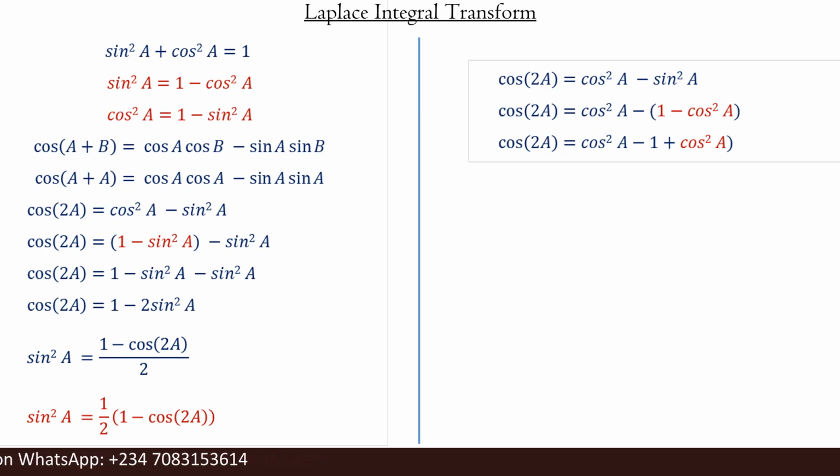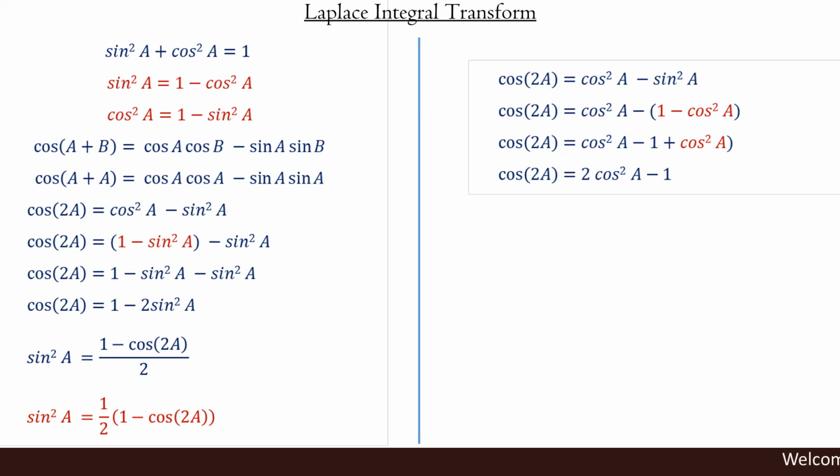We're going to have cos squared A, then minus times minus cos squared A is going to give us plus cos squared A. Now minus multiplied by 1 is going to give us minus 1. Are we together? Yes. So when we simplify this, we have cos squared A plus cos squared A, meaning it's going to give us 2 cos squared A, then we have minus 1.